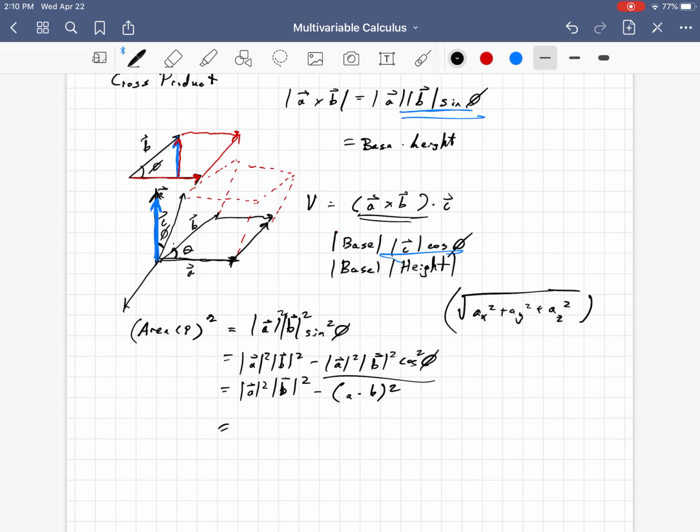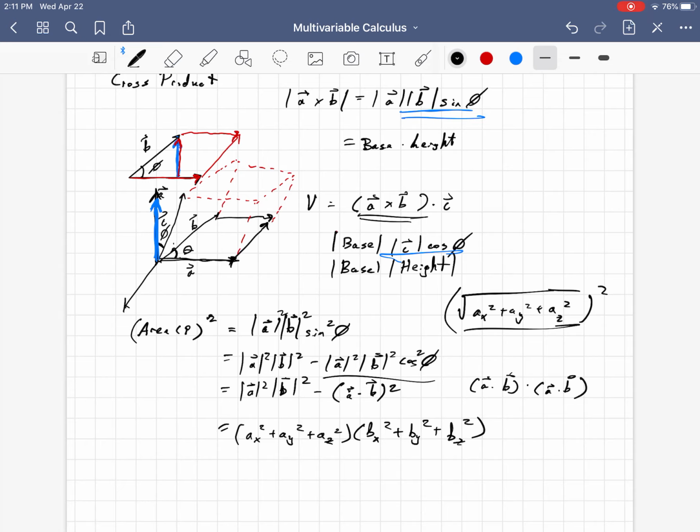So since the magnitude of vector A is the square root of a sub x squared plus a sub y squared plus a sub z squared, where a sub x, a sub y, and a sub z are the components of vector A lying in the x, y, and z direction, if I were to just take the square of that, then I would just have what's inside of the square root. So in other words, I would have a sub x squared plus a sub y squared plus a sub z squared times b sub x squared plus b sub y squared plus b sub z squared.